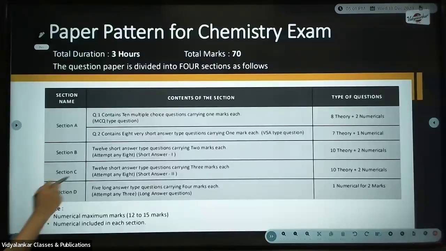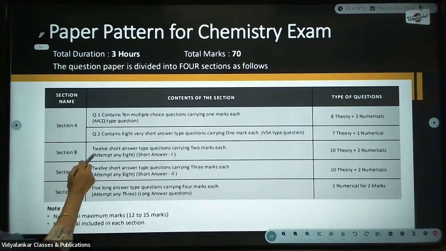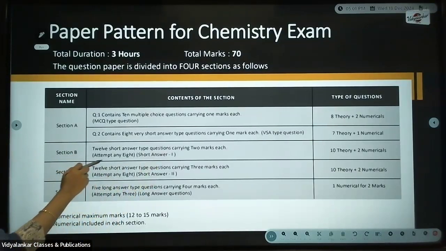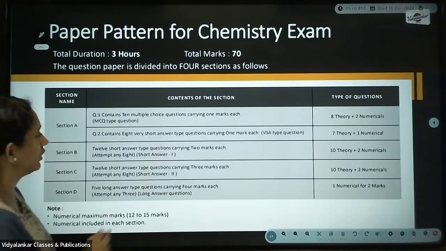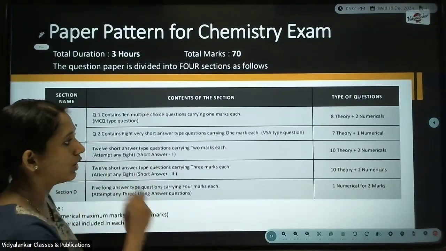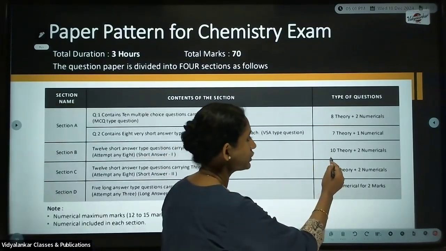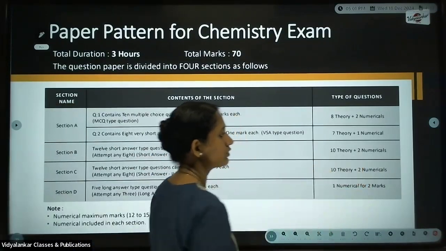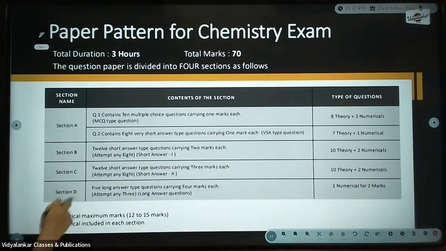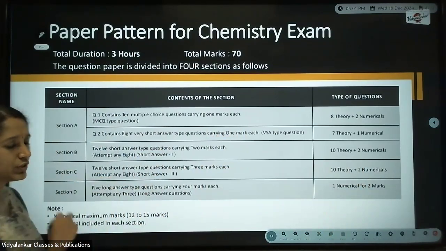Then section B contains a total of 12 questions, each of 2 marks. From those 12, you are expected to attempt any 8. These are short answer type questions, type 1, where you will find almost 10 theory questions and 2 numerical questions. Next is section C, where again we have 12 questions.